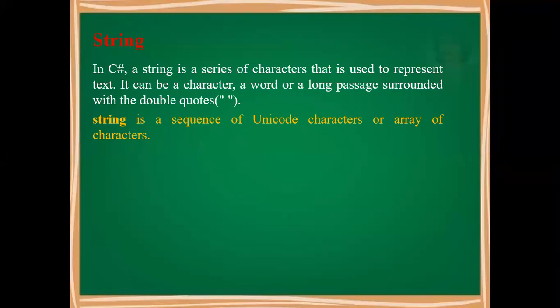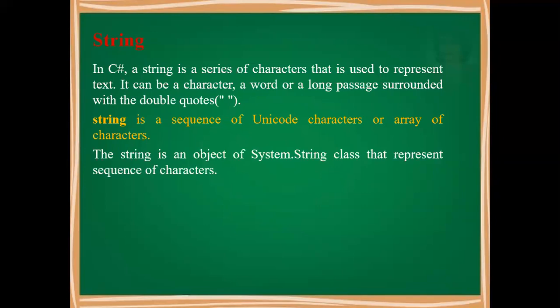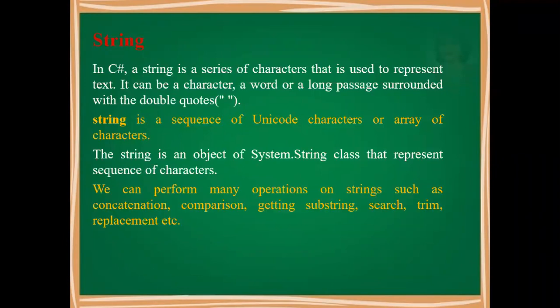A string is a sequence of Unicode characters or an array of characters that are grouped together to form some information. The string is an object for C sharp. String is an object of the System.String class that represents the sequence of characters, and as it holds character data, it is also referred to as a reference data type in the .NET CLS structure.